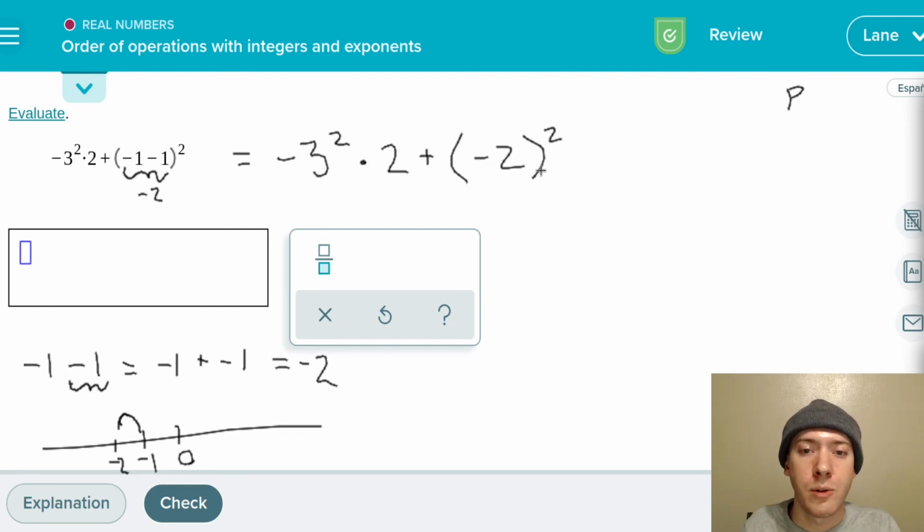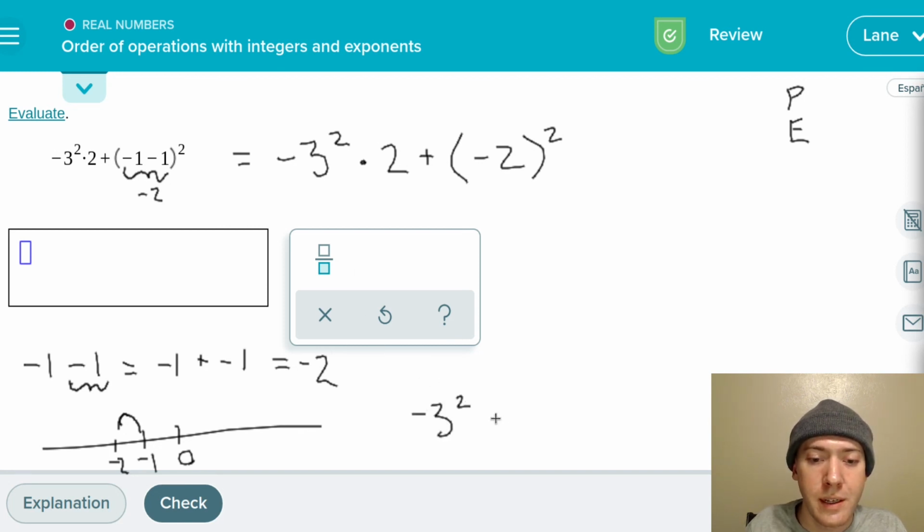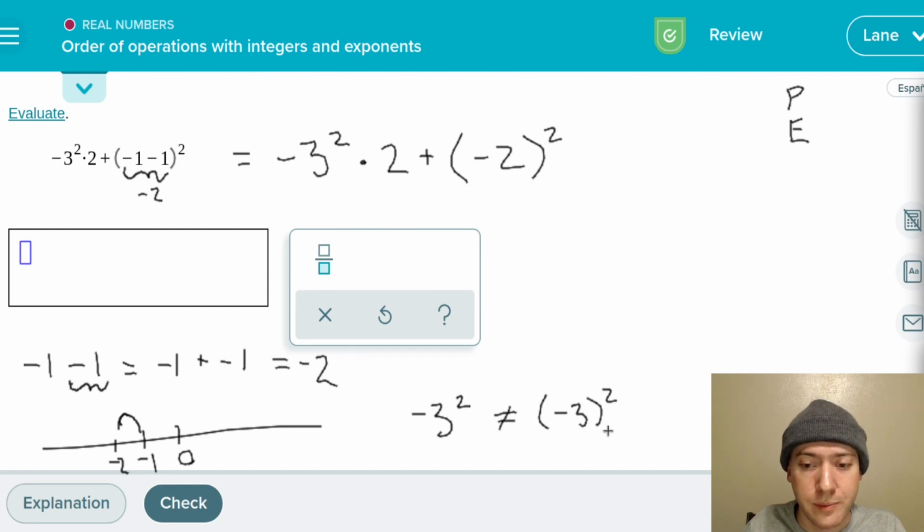Okay, now what is the next step? We need to look for exponents. There's one right here and one right here. Let's take a look at the first one first. What is -3 squared? -3 squared is not the same as this.